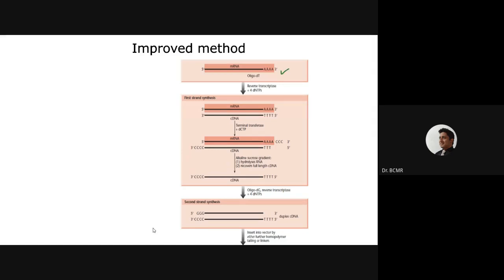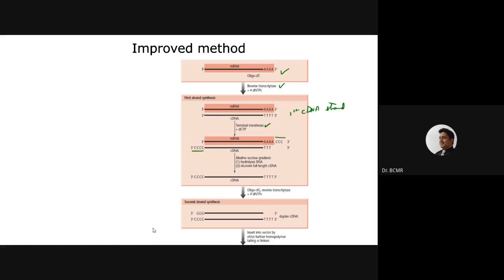So mRNA and then reverse transcriptase is added, and the first cDNA strand is synthesized. Okay, now they have done something interesting here also, and the thought process is good. They added terminal transferase already to this. So terminal transferase would add CCC here, and also here to the mRNA as well.